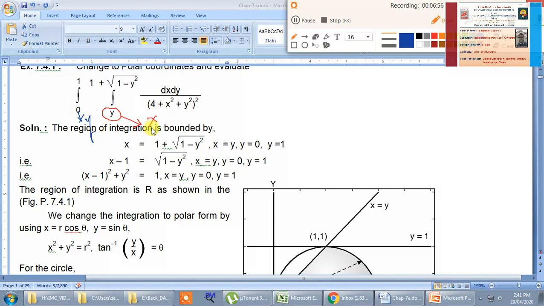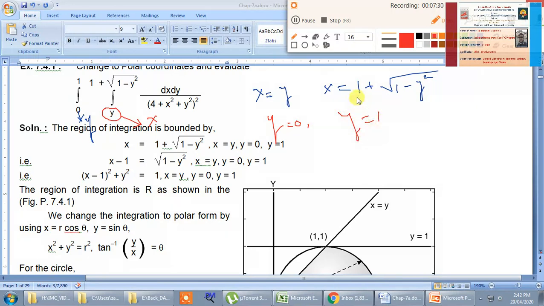So the four curves which bound the region of integration are: x is equal to y, x is equal to 1 plus under root of 1 minus y square, and the next two curves are y is equal to 0 and y is equal to 1.